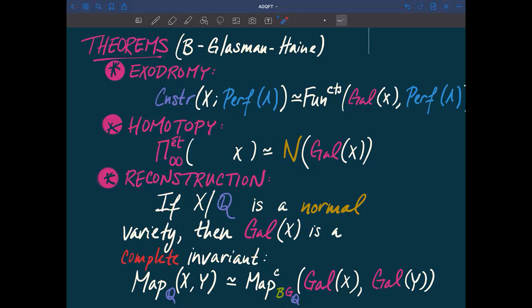Is there any way of translating it into arithmetic? Absolutely. It's the Galois group corresponding to the maximal extension unramified away from the prime you cut out. I see. So yeah, it's literally true.